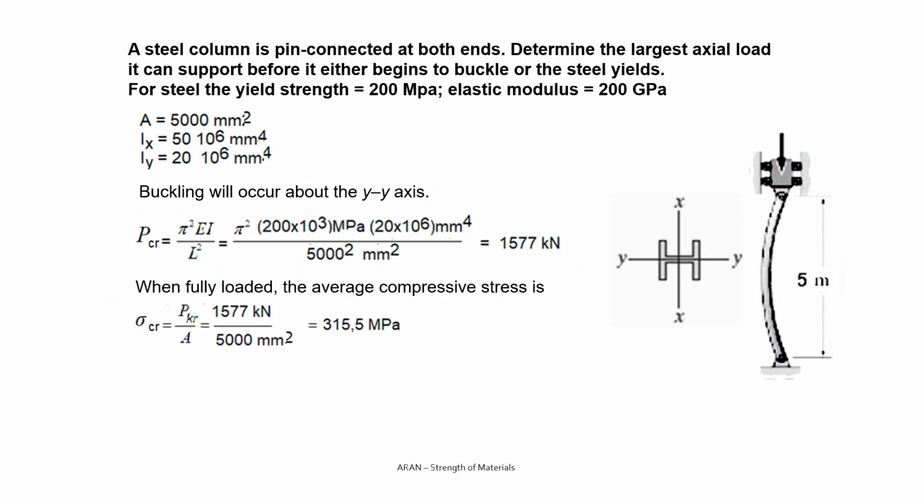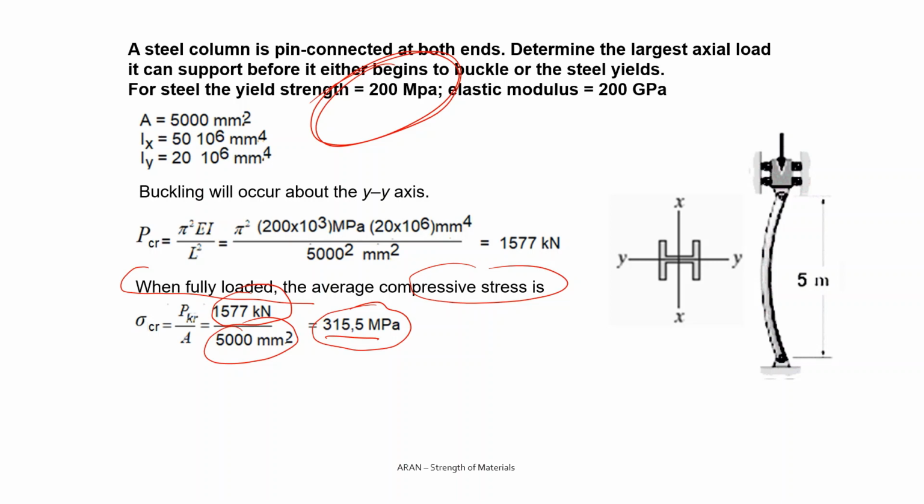The question is, when I apply this load, what is the compressive stress? Well, if I take this force divided by the area, I find that the stress at this moment is about 300, but the material's yield strength is only 200. That means before I reach this critical force, the material will begin yielding.